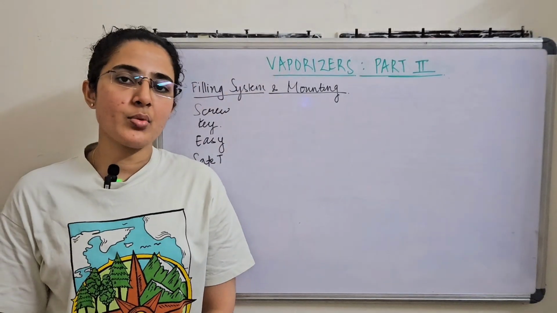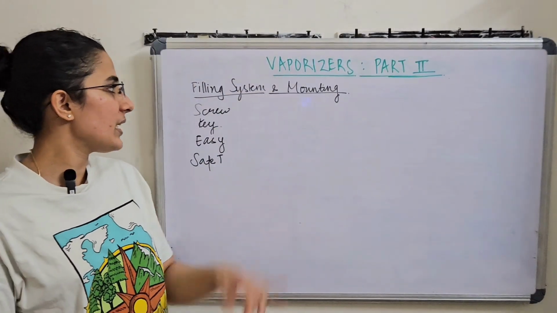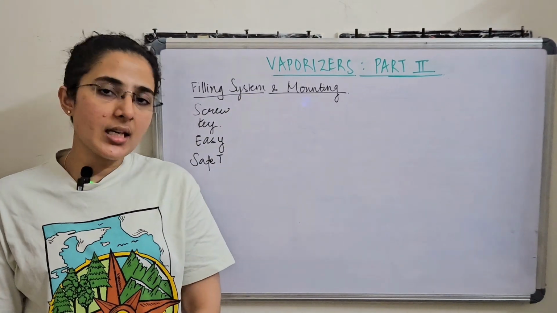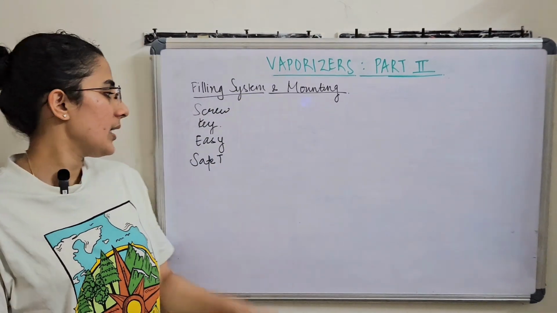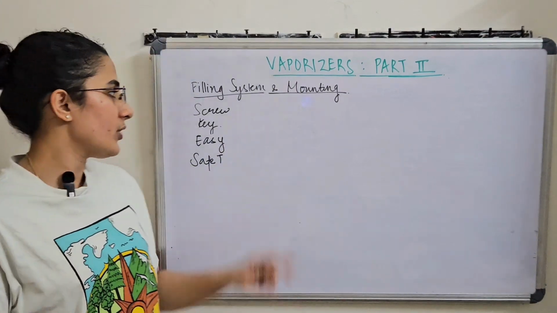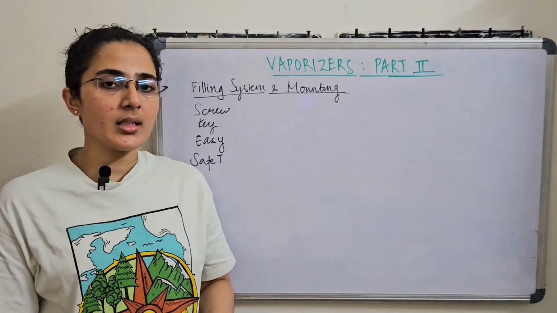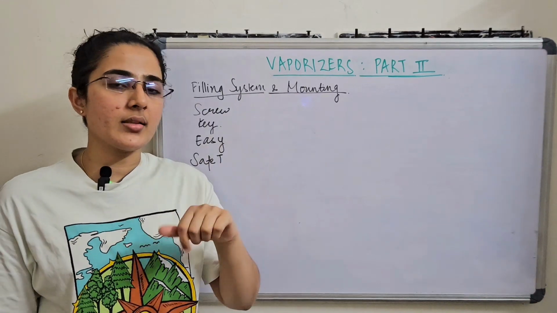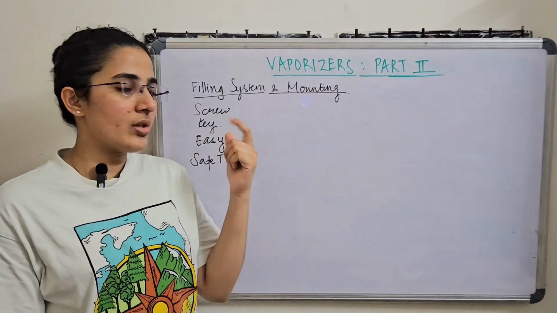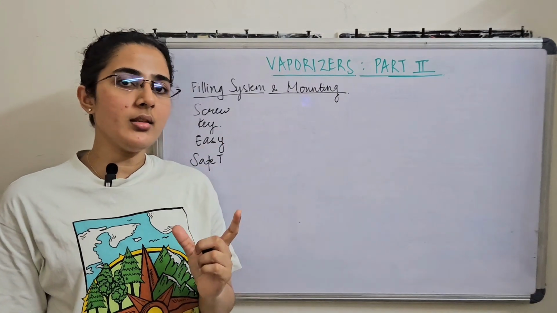So coming to the last portion of this video, the filling systems. We have the screw filling systems, the keyed filling systems, the easy filling and the safety filling systems. For the screw filling systems, basically the filling port has a screw which is opened up and it is filled, which usually contains the bottle.